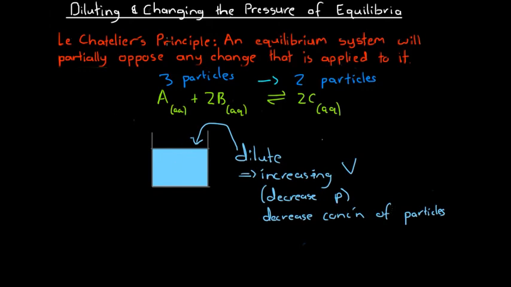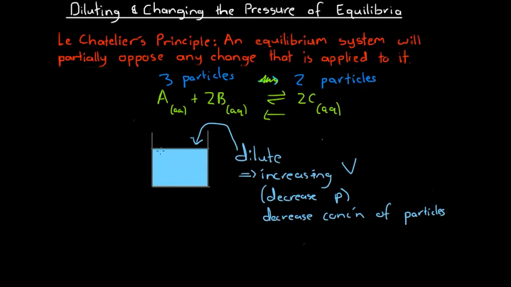According to this principle, the system will oppose this change and try to increase the concentration. How does it increase the concentration of particles? Well, it undergoes a net back reaction, because the back reaction will produce more particles, therefore increasing the concentration of particles in our solution.